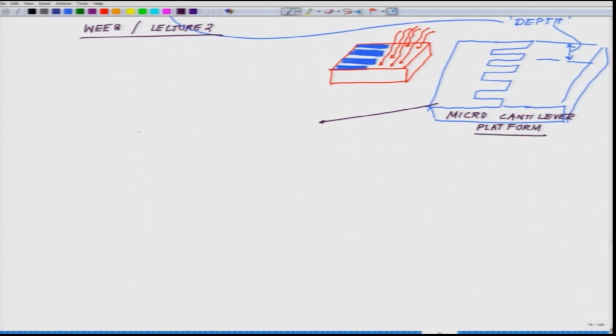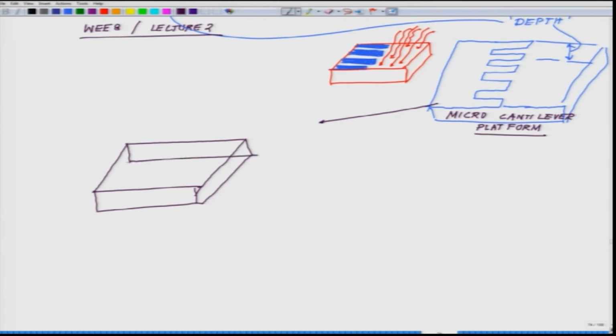Now imagine this as a swimming pool with multiple diving boards. Like this.